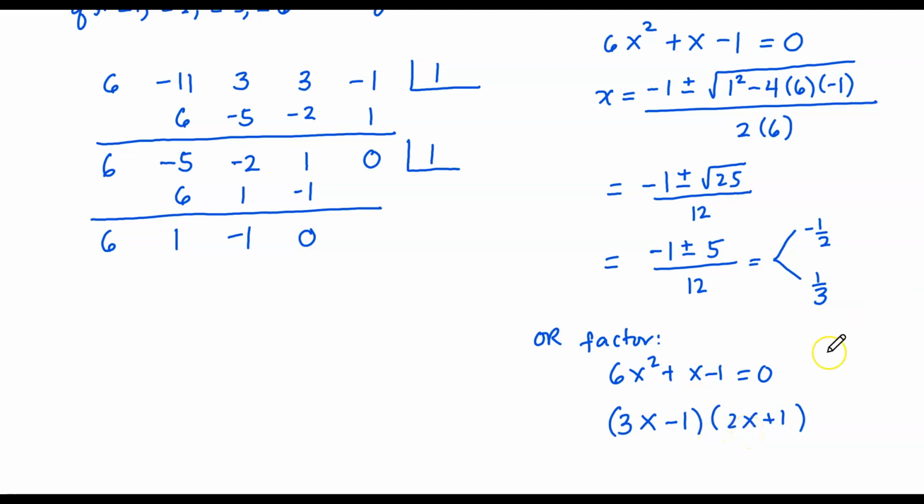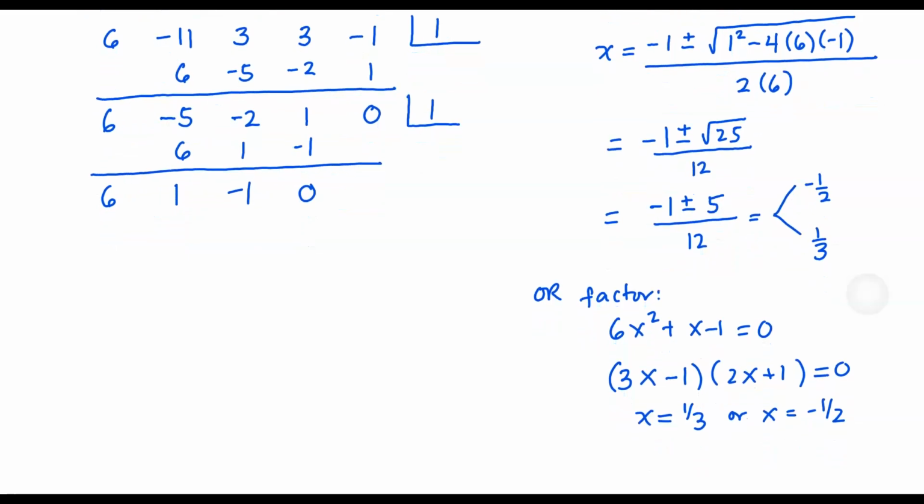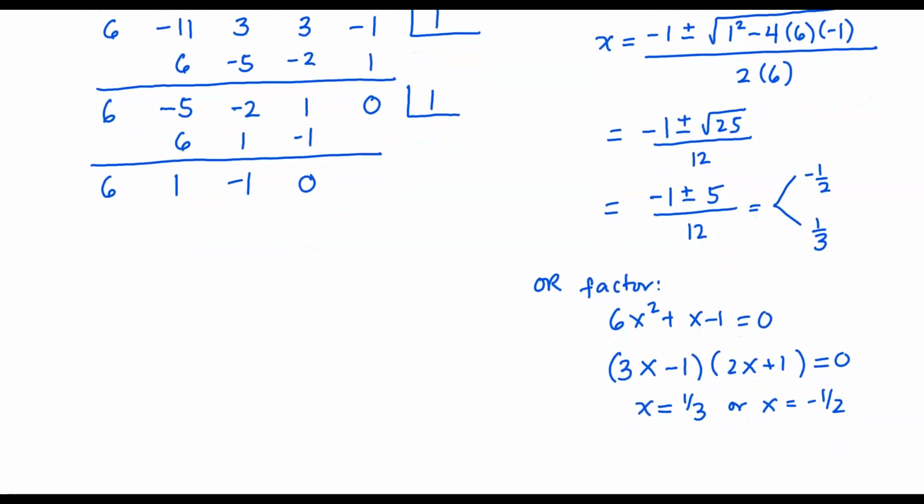And then 3x times 1 is positive 3x, because you want the middle term to be positive. Those are the factors. So from here, x is equal to 1/3 or x is equal to negative 1/2. That's the solution set. The solution set contains 1, negative 1/2, and 1/3.